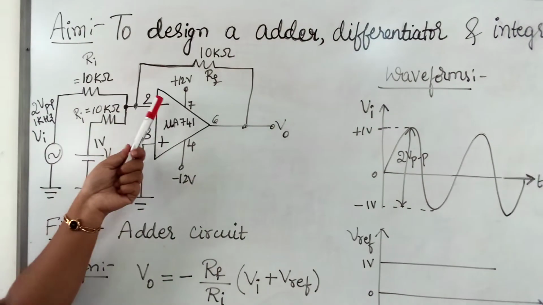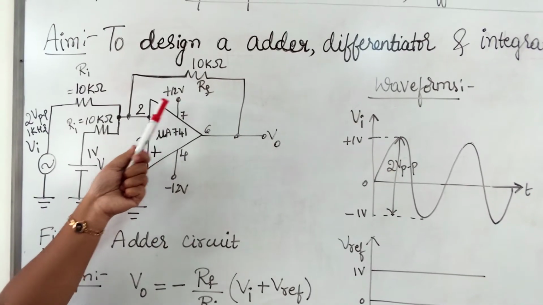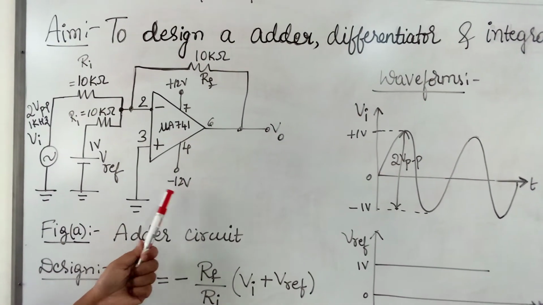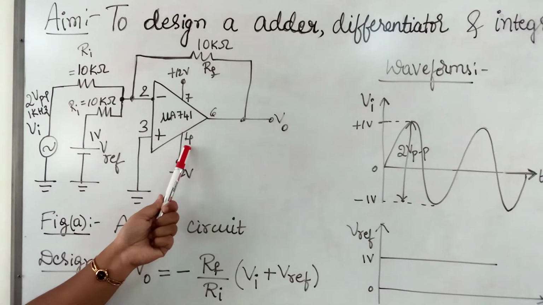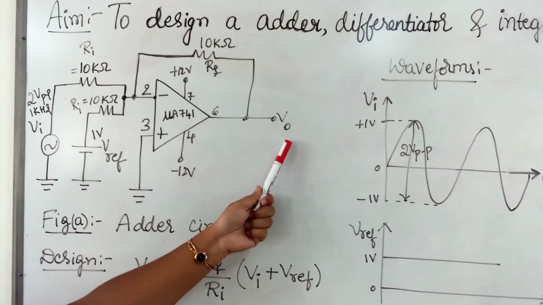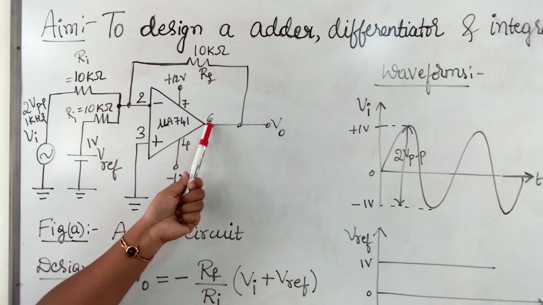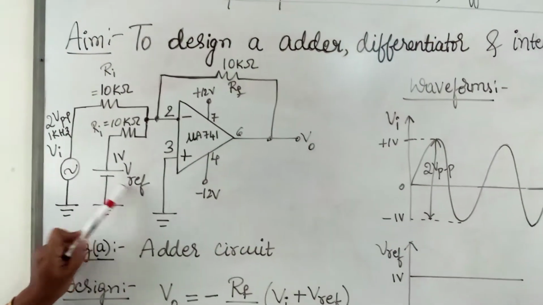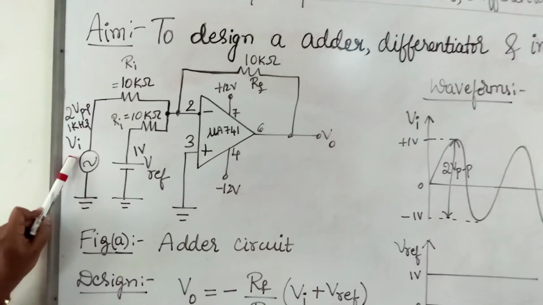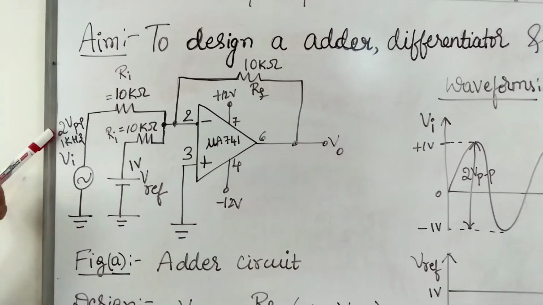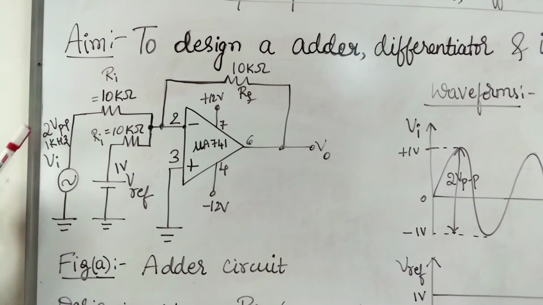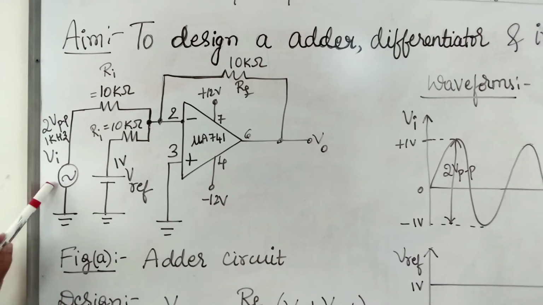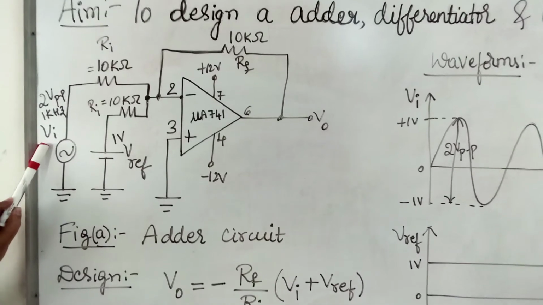We are providing plus 12 volts VCC to pin number 7 and minus 12 volts, minus VCC, to pin number 4, and we are measuring the output at pin number 6. Here we are providing two input signals. One is the AC input signal of amplitude 2 volt peak to peak and frequency 1 kilohertz, provided from the signal generator.